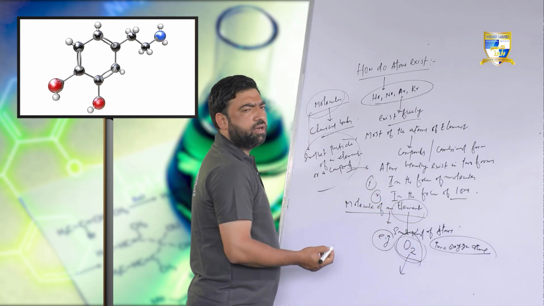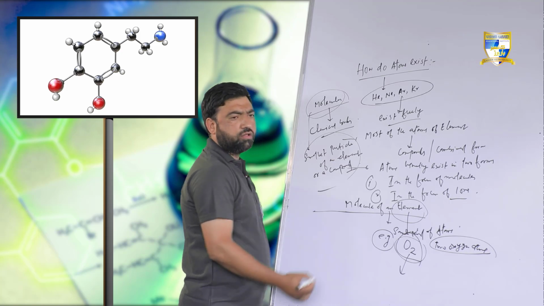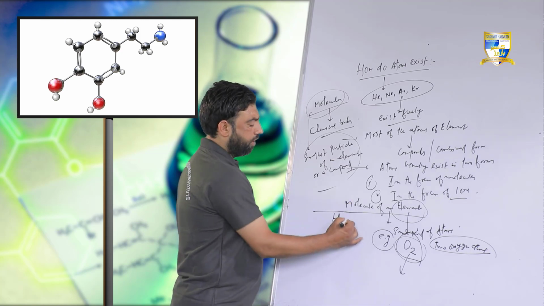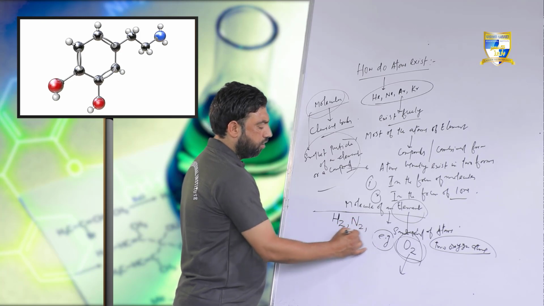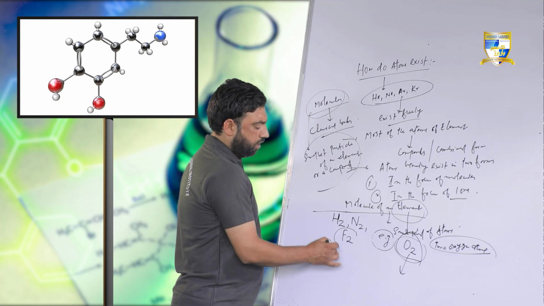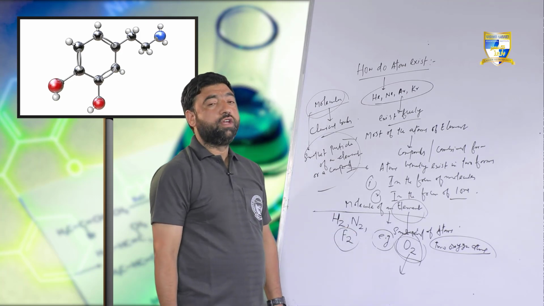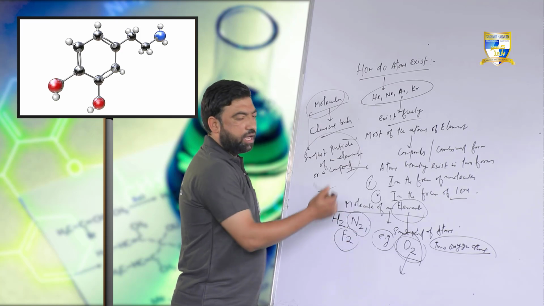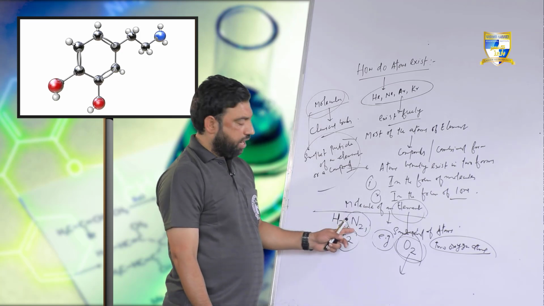Similarly, you can take a number of examples into consideration. For example, hydrogen molecule H2. Nitrogen molecule N2. Fluorine molecule F2. This molecule is made up of two fluorine atoms combined chemically with each other. This nitrogen is made up of two nitrogen atoms.